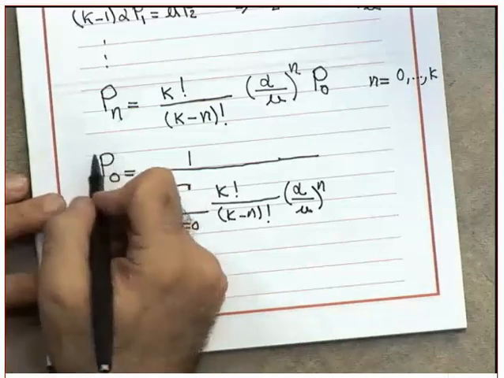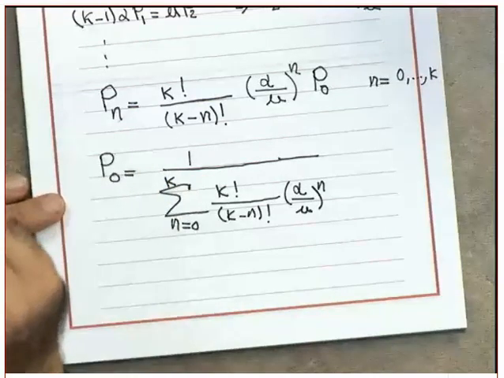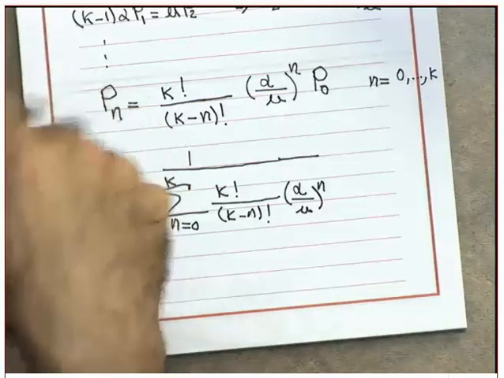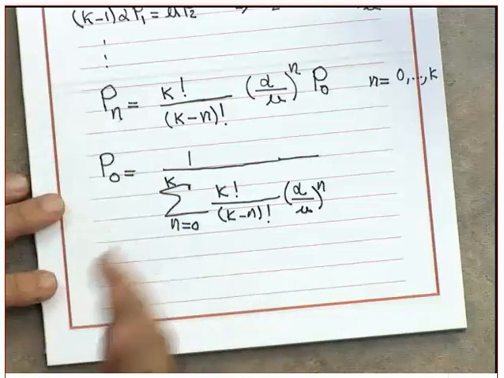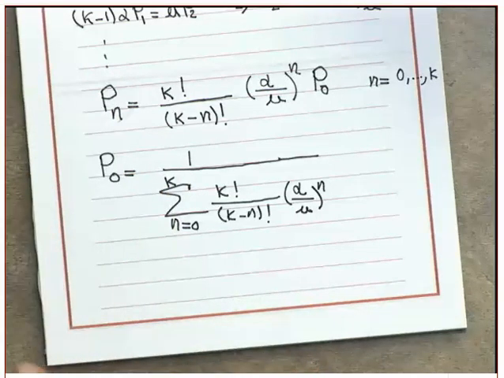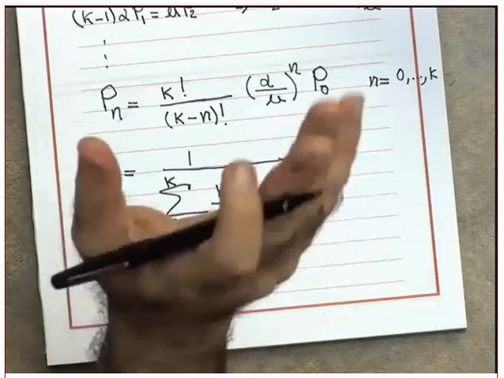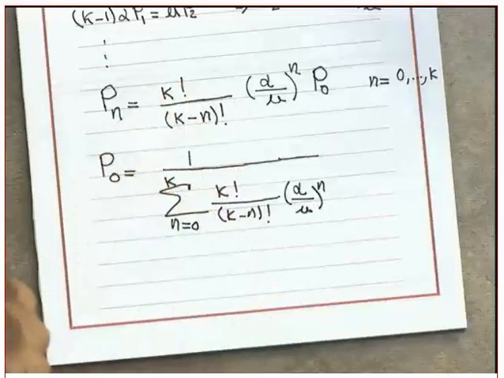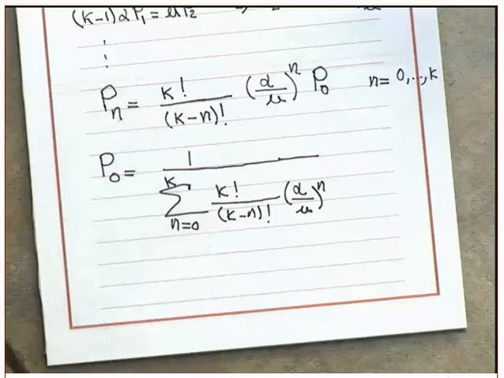Yes or no? What does P0 mean? P0 means all the machines are outside, which means the repairman is what? Idle. What is the server utilization? If you tell me the server utilization is 0, it means the server is not doing anything.